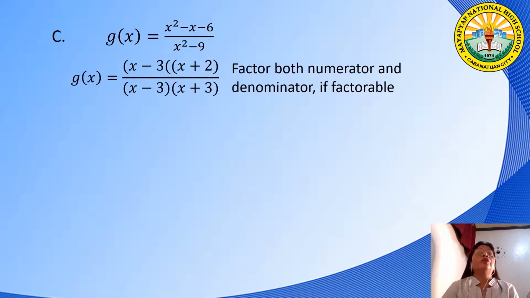The factors of x squared minus x minus 6 are quantity x minus 3 times quantity x plus 2. And the factors of the denominator, x squared minus 9, that is factoring of the difference of two squares, are quantity x minus 3 times quantity x plus 3, or the sum and difference of their square roots.